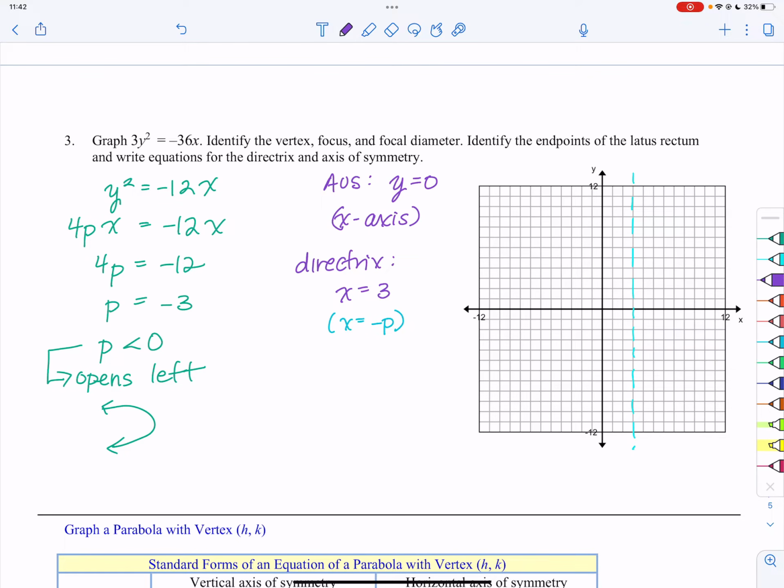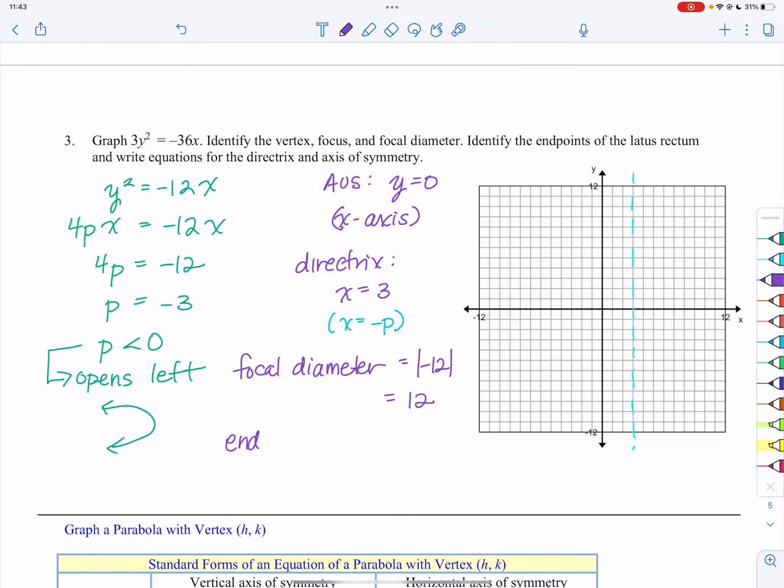And now we can go ahead and talk about our focal diameter. Let's just go ahead and move that over. That's equal to the absolute value of negative 12, and that's equal to 12.